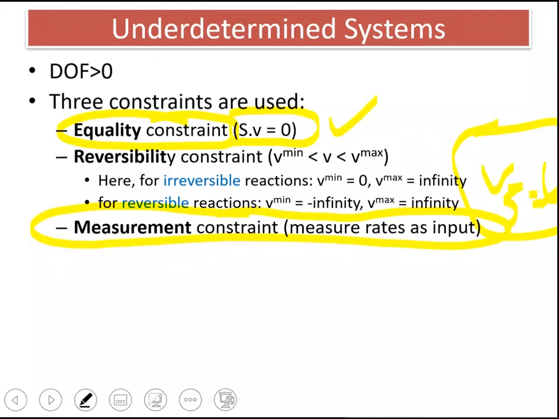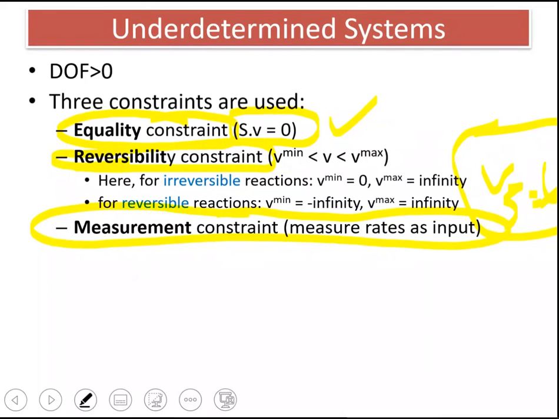The third constraint, we didn't talk about it so far in the determined systems part, is the reversibility constraints. There are two alternatives for a reaction. The reaction can be either reversible or irreversible.